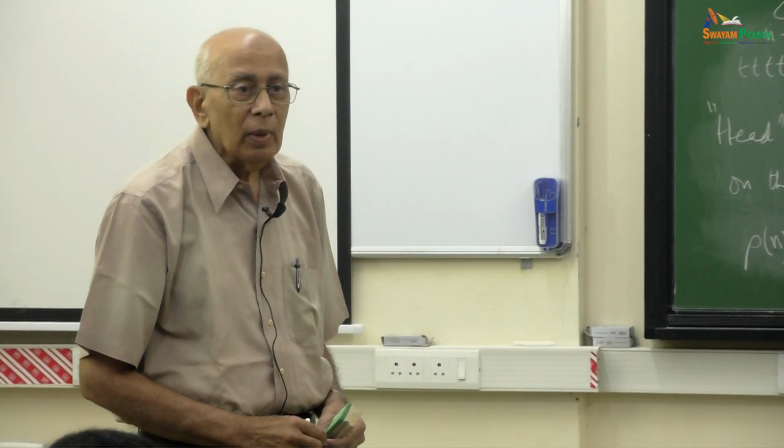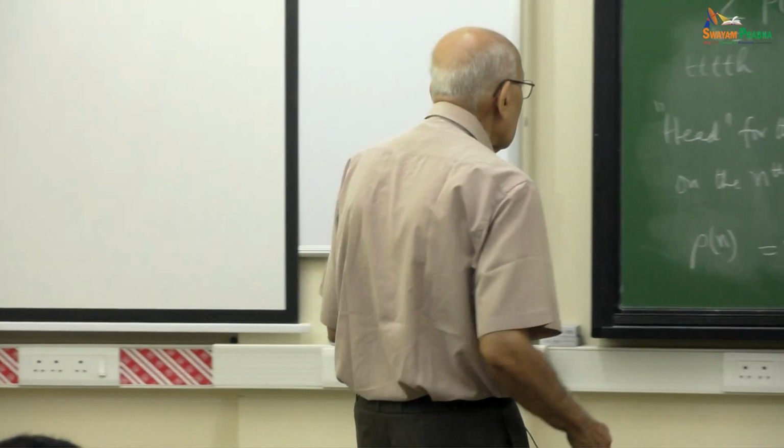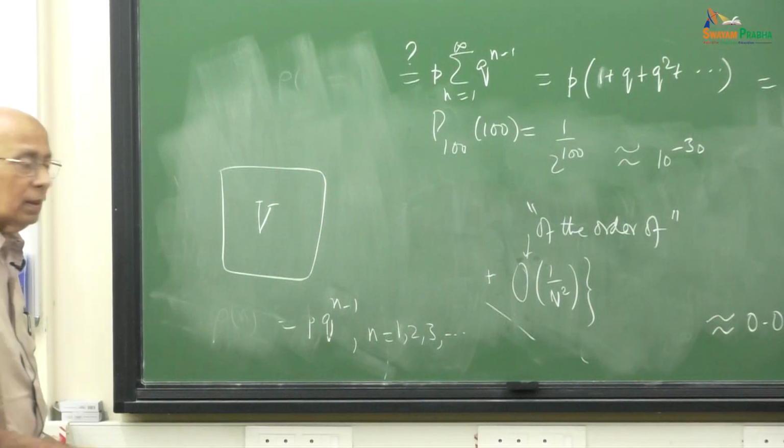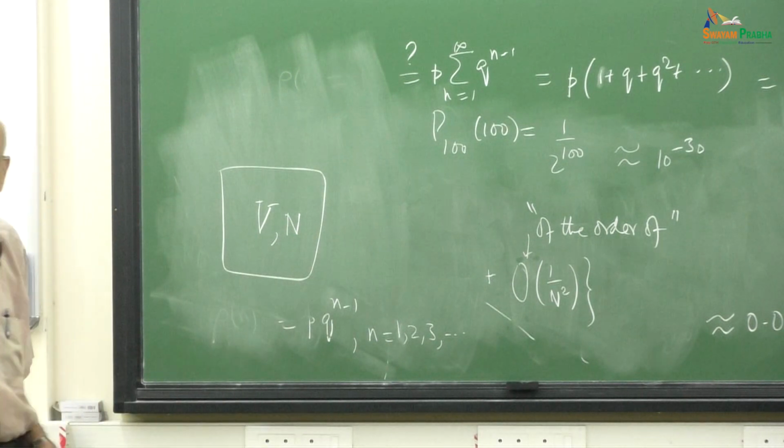Okay. Meanwhile, I want you to calculate the following quantity as an exercise. We'll take all the gas in this room and it's in a volume V, and there are N molecules of air.